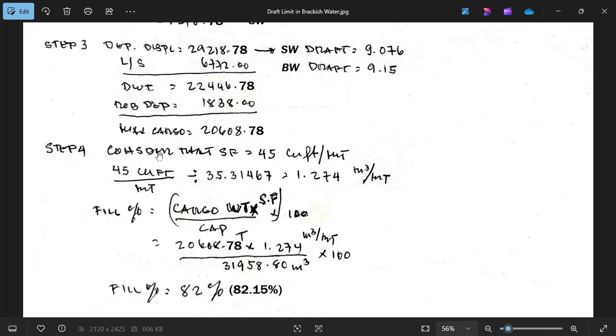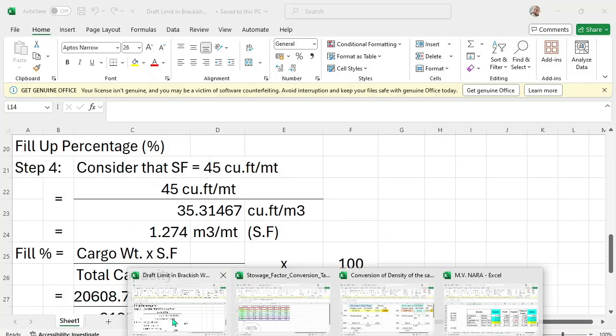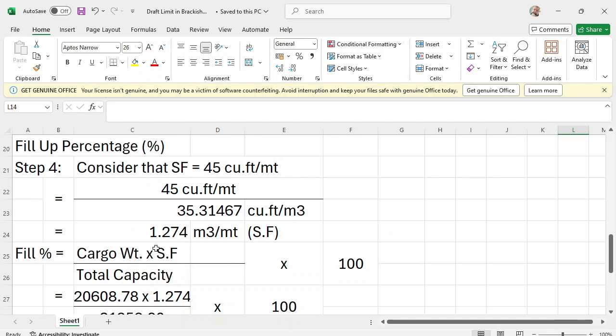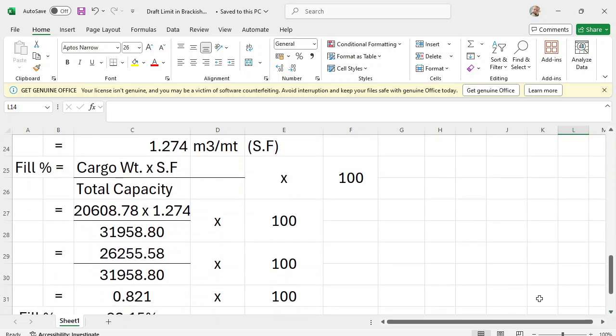So divide this one and the result by Excel is 1.274 cubic meter per metric ton. To get the fill percentage, the cargo weight times your stowage factor over total capacity times 100.